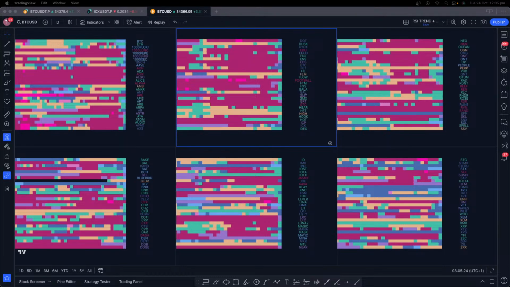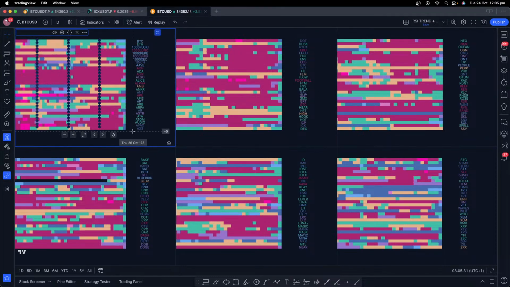All right. So I'm going to briefly explain this without going too much into detail because I don't want to give too much away, but essentially it's a better way of visualizing trends. It's an easier way of visualizing trends across multiple bars.